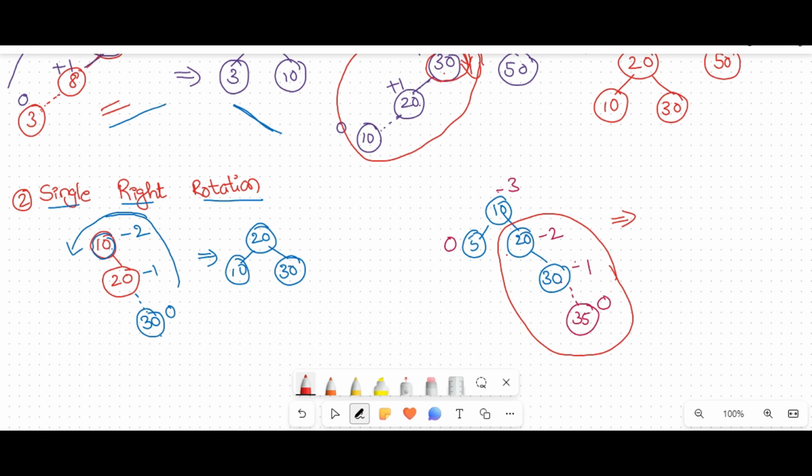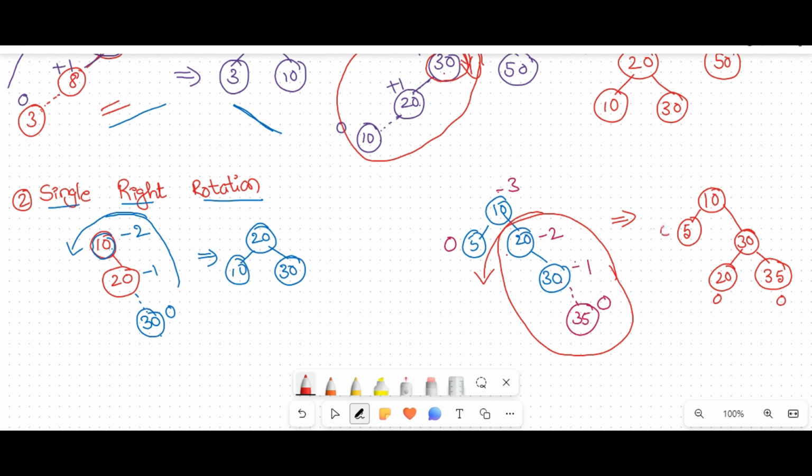So 10 and 5 stay as they are. Now if you apply single right rotation, here you will get 30, here 20, and here 35. After rotation, check whether it is an AVL tree or not.